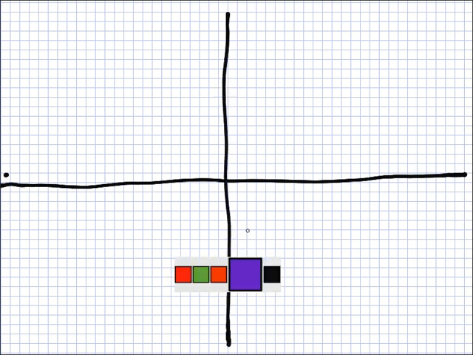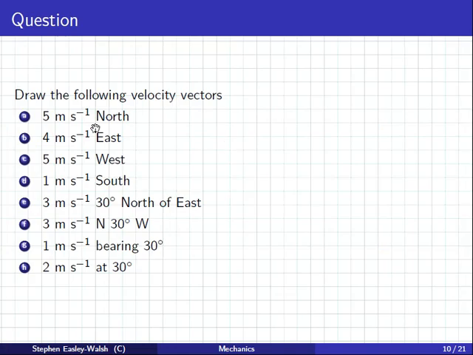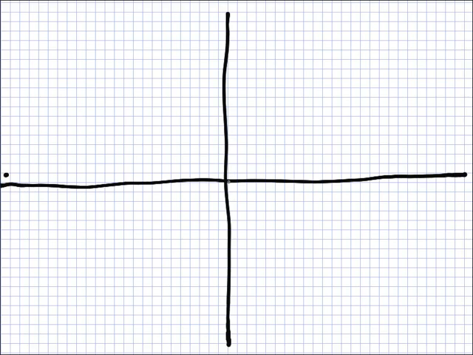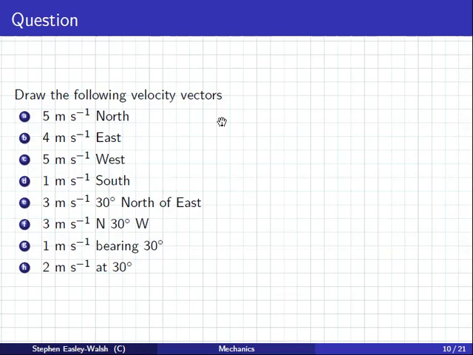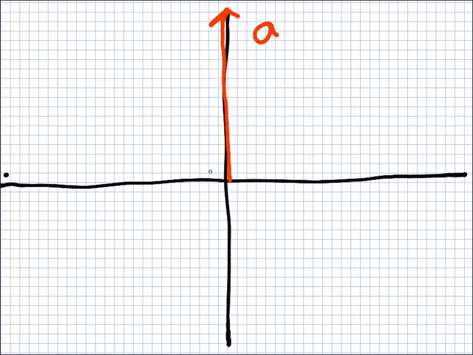Right, okay, so the first one is 5 meters per second north. So this is my first vector, A. The next one is 4 meters per second east. So if that's 5, then 4 would be about here.